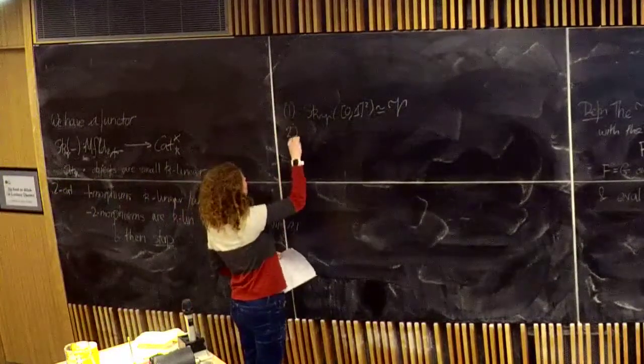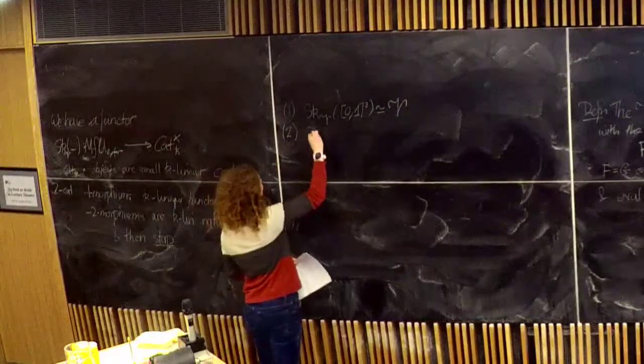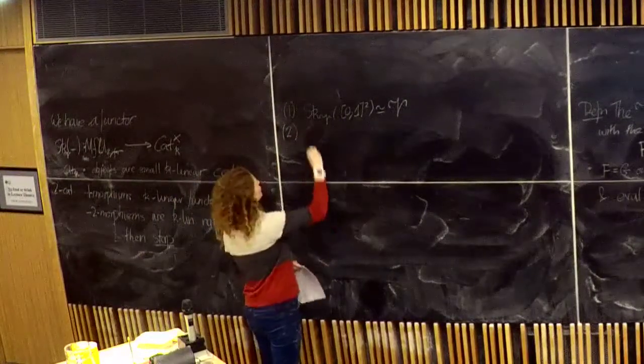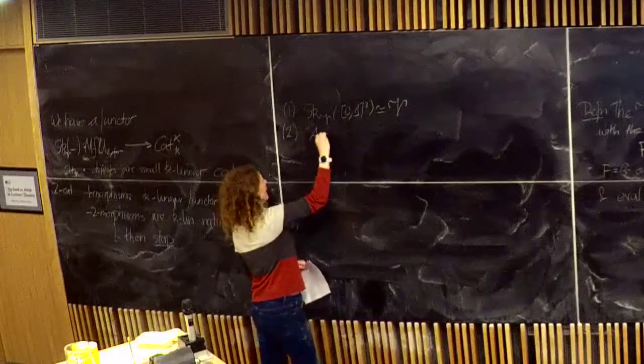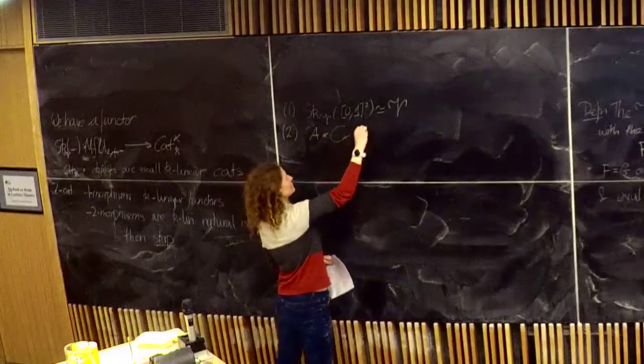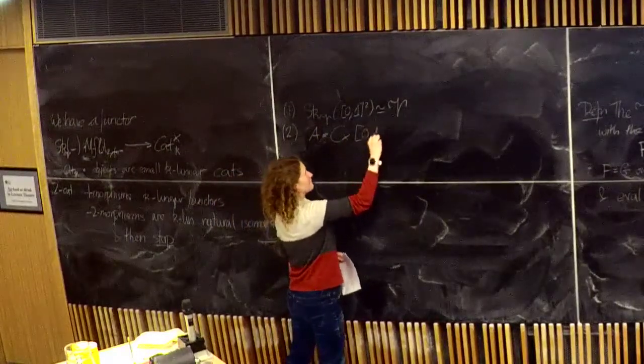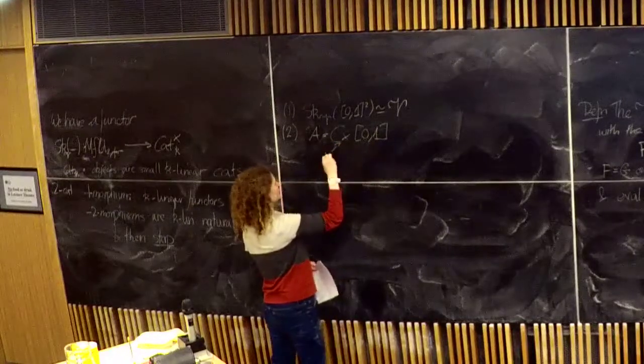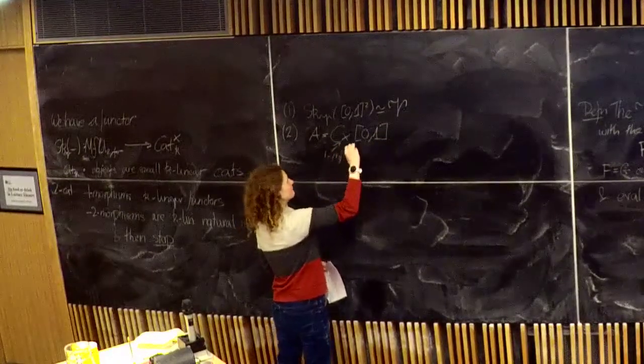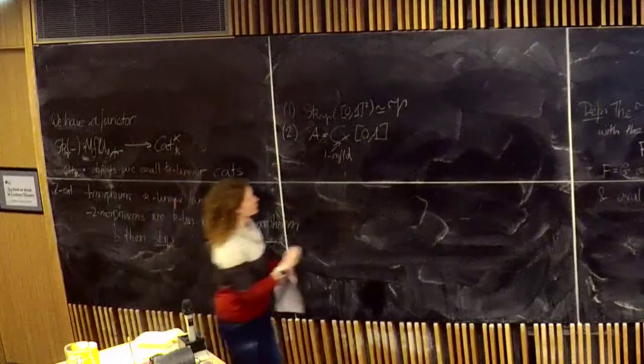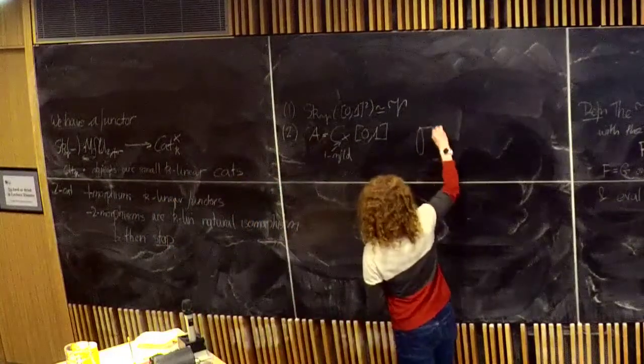We also have that if we consider A, and this is just like some point manifold. Okay, so I'm just going to give you an example.